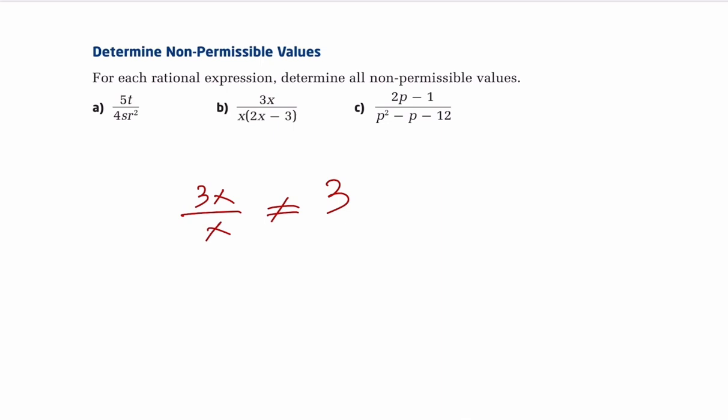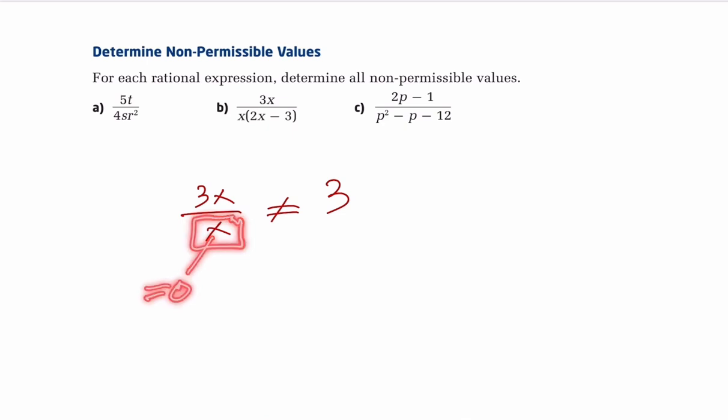In reality, if you want to deal with this as a rational expression, it is the same. But as an algebraic fraction, it is not the same. Why? Because in this first one, we are not allowed to have our unknown x equal to 0 at all.